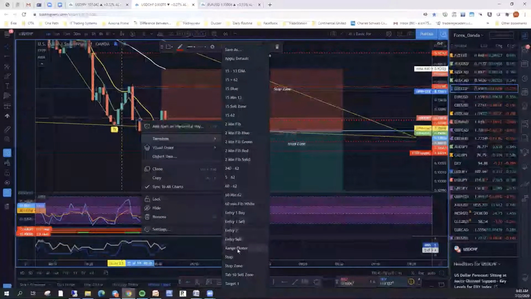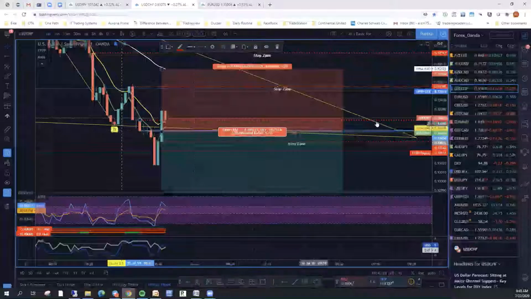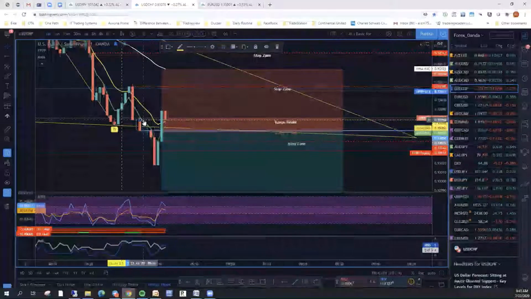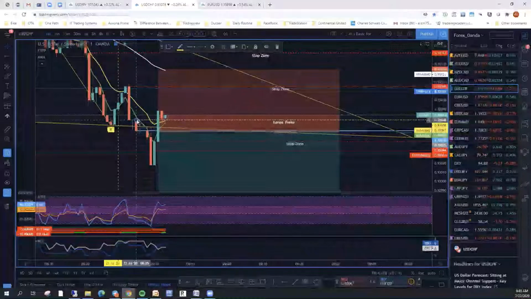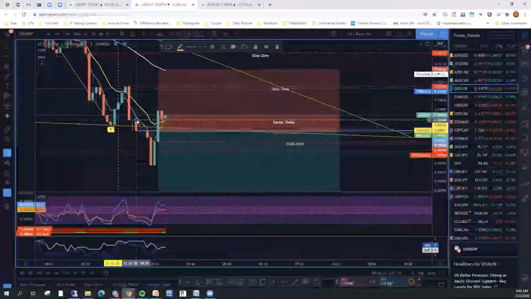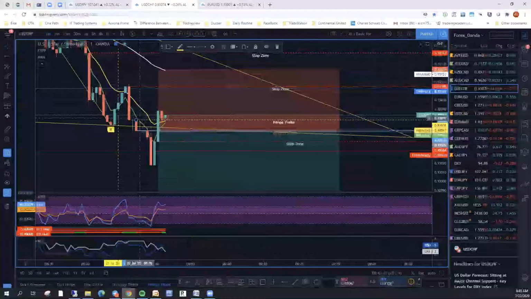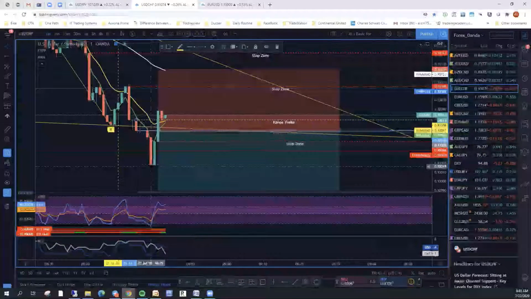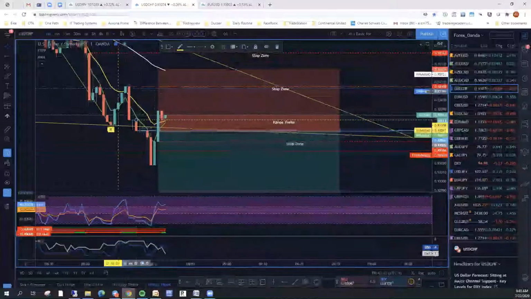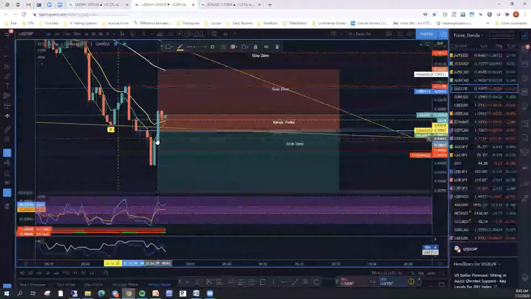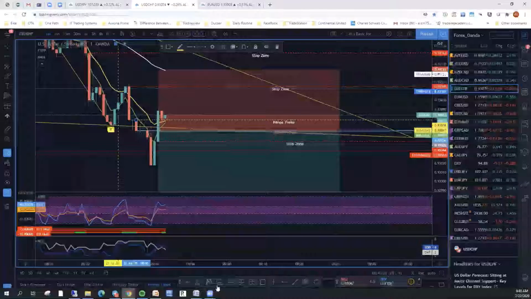This is a reference line. This was a nice steep move coming back to retest this area. The zero retracement is here.